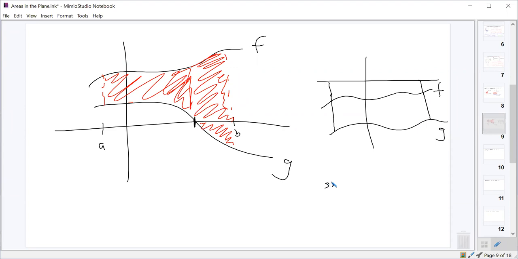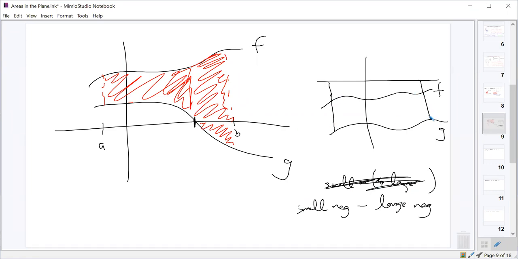A small negative minus a large negative comes out to be a positive value, and that's what we want our area to be, the area between the two of them.